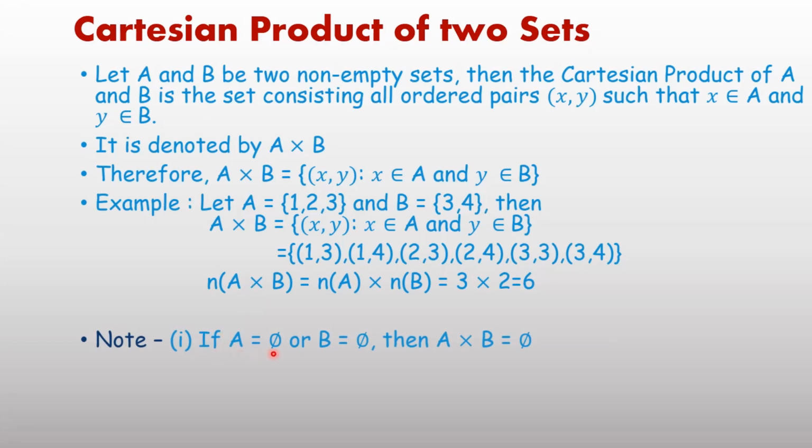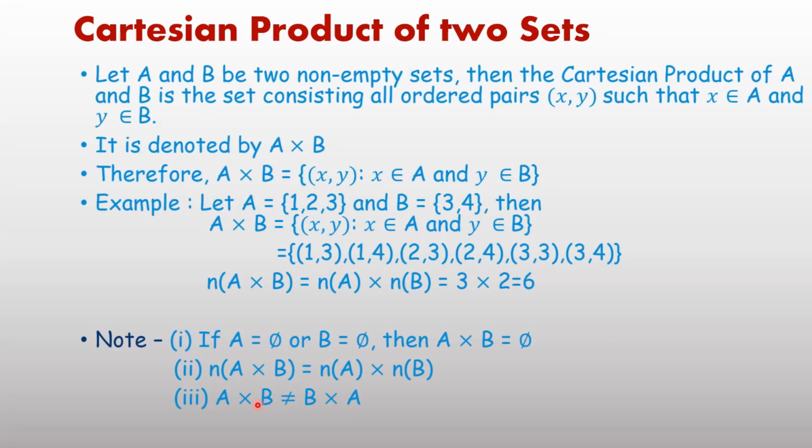If A equals phi, meaning A is the null set, or B is the null set, or both are null sets, then A cross B equals phi, because the Cartesian product of two sets is not possible, or there will be no element in the Cartesian product. And also you can remember the number of elements in A cross B equals the number of elements in set A into the number of elements in set B.